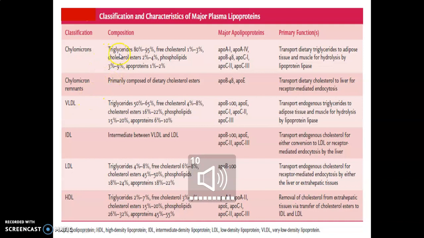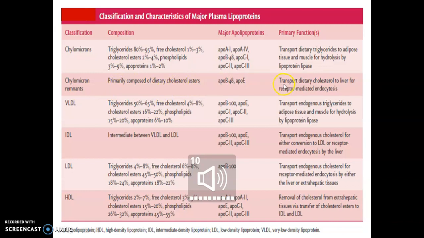Chylomicrons are composed of triglyceride, free cholesterol, cholesterol esters, phospholipids, and apoprotein. They are used to transport dietary triglycerides to adipose tissue and muscle for hydrolysis by lipoprotein lipase. Second are the chylomicron remnants, composed of dietary cholesterol esters.